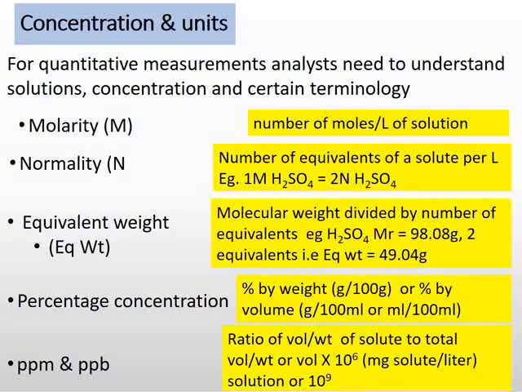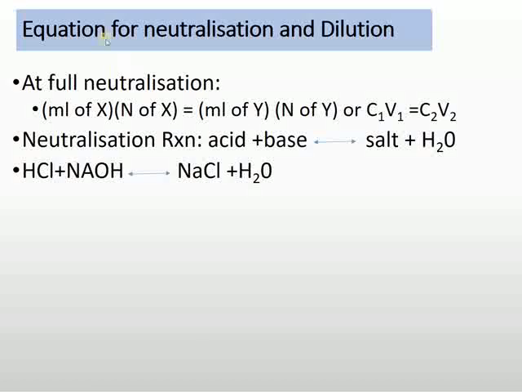So those are the types of concentrations and units that you need to get used to, that we apply in food science and technology. And then we also talk about the equations for neutralization and dilution. When you are diluting, you can say 1 part to 3 parts, add this. That's the dilution. And then we talk about the neutralization of acid-base reactions. When an acid and a base react together, what is usually formed is salt and water. That will be the neutralization.